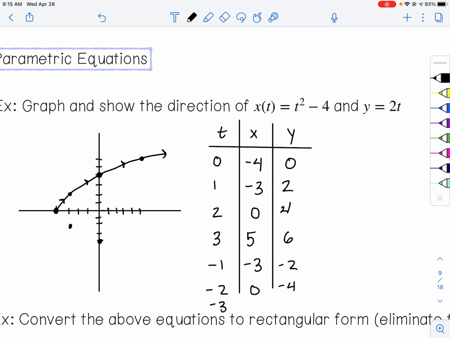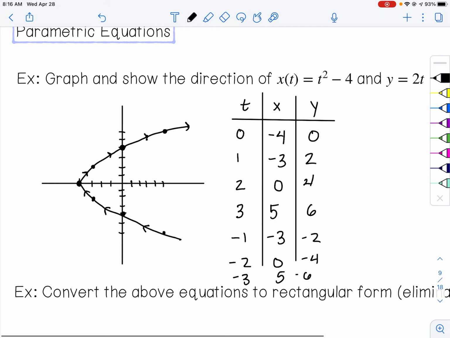If I plug in negative 3, I'll get the same x coordinate of 5, but a y coordinate of negative 6. But the important thing is we don't draw the arrow like this like we would on a parabola. It's still going like this. The curve is still moving in this direction. So if we were thinking about this in terms of the motion of a particle, the particle is moving in that direction along the curve.